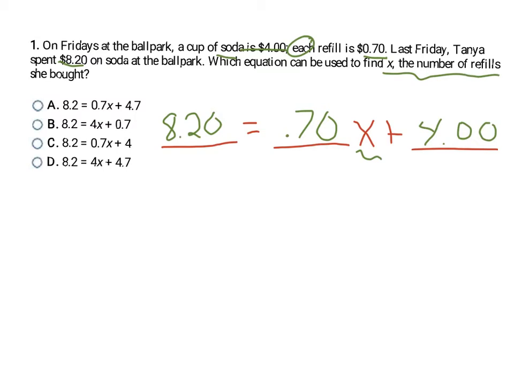So you're multiplying 70 cents times whatever number of refills that we don't know. Here they just don't put on the extra zeros in our answer because they're not necessary, so that's why it looks a little bit different. They have 8.2 equals 0.7x plus 4 as their answer, which is letter C.